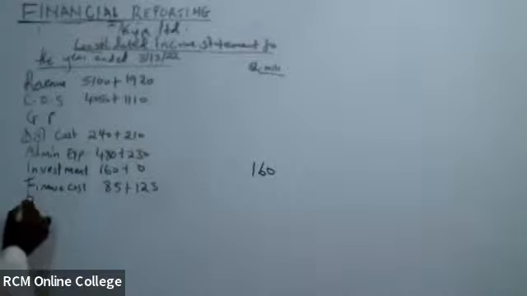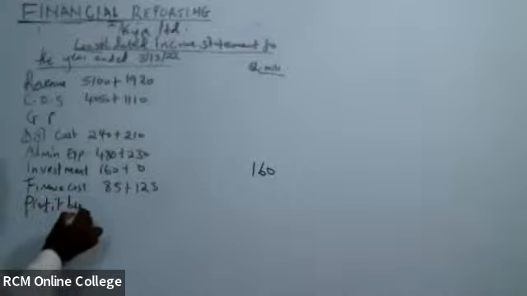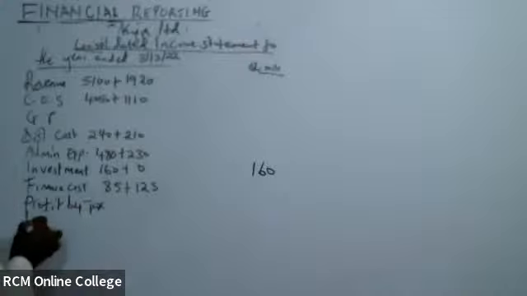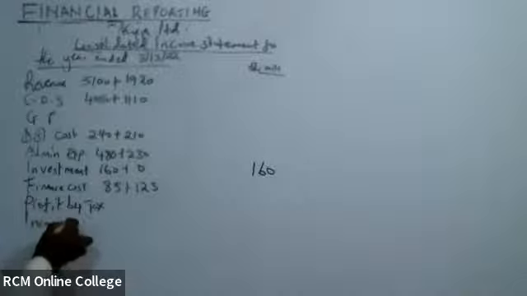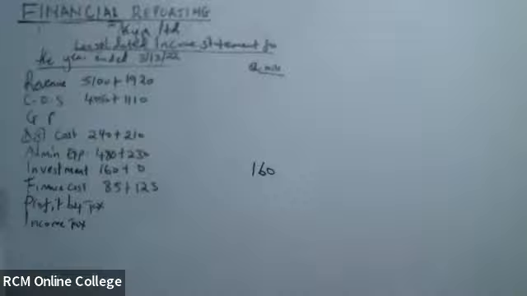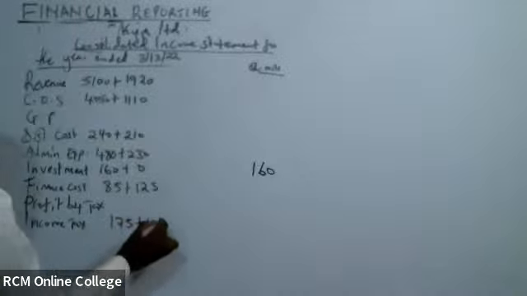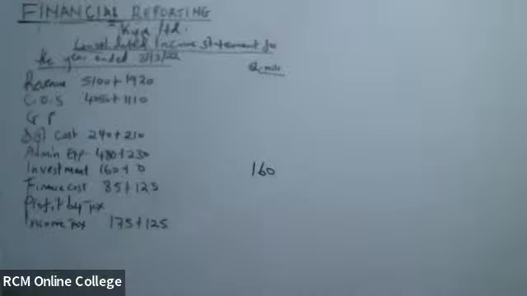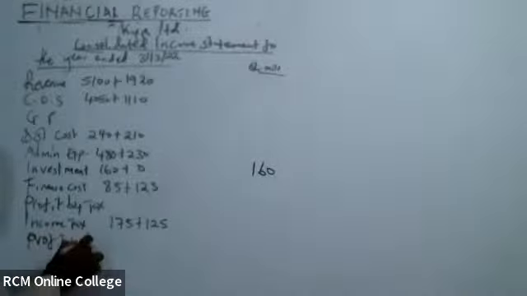Okay, from there I get profit before tax. Income tax: how much do I take? I take 175 plus 125. And then profit for the year. I'll finish there for now.